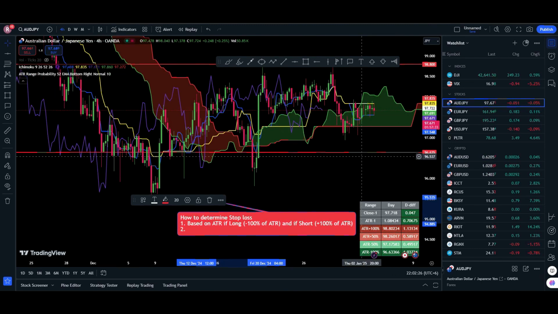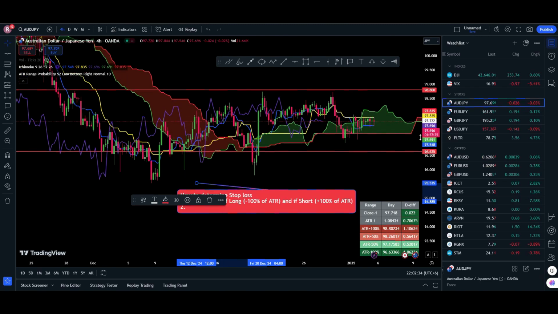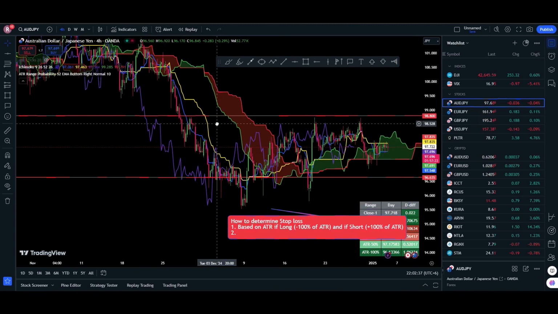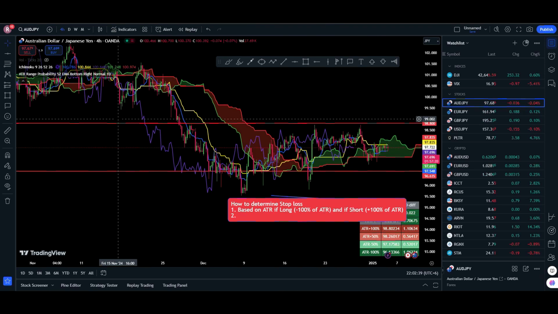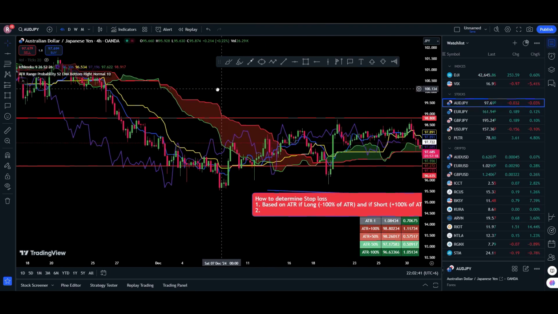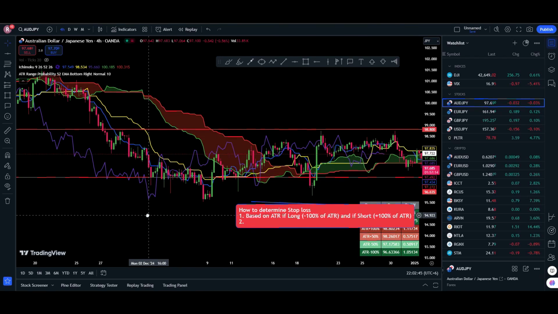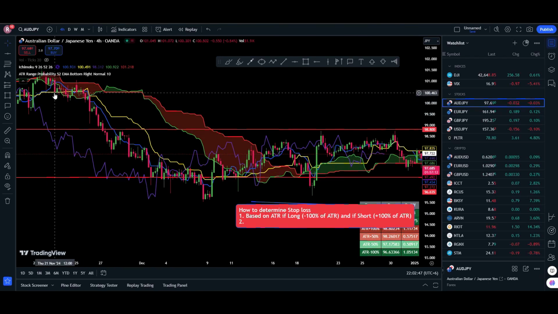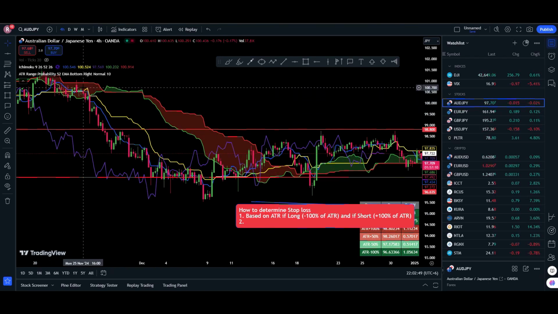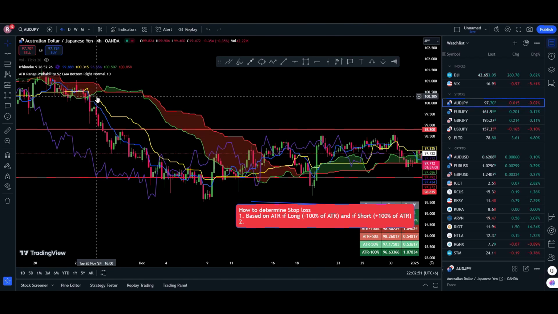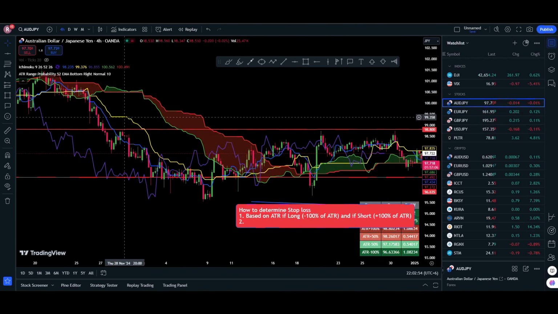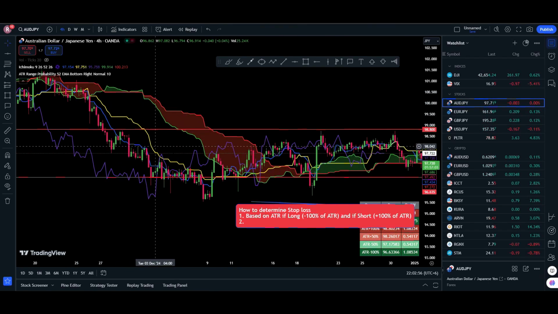Now once you set the stop loss and it is done, let the trade play on. Now how about the trailing stop loss? In the case of a trailing stop loss, for short we will always follow this yellow line.